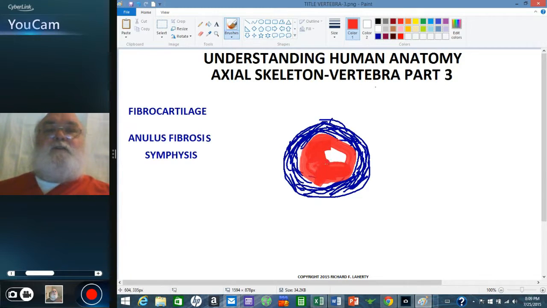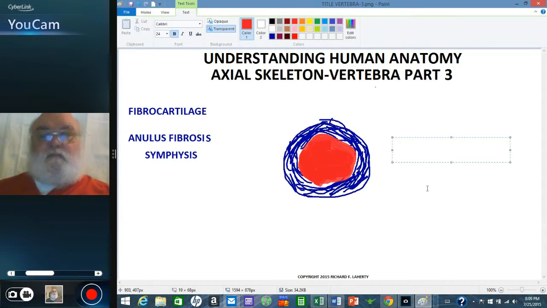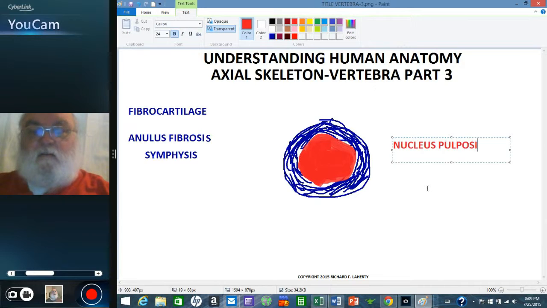This gelatinous material is called the Nucleus Pulposus.